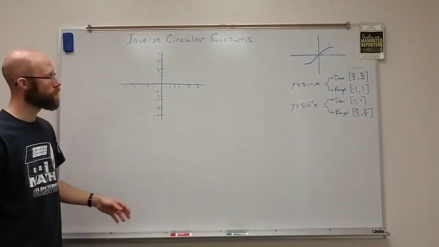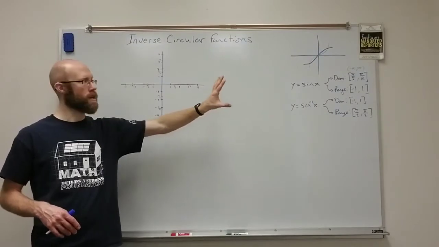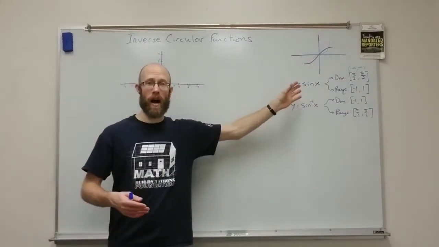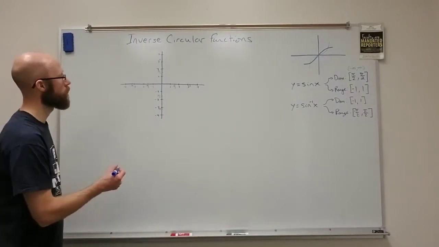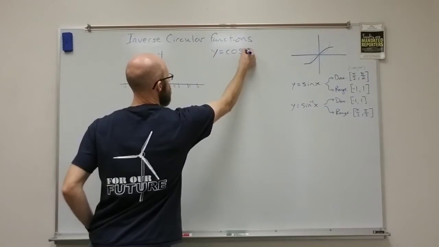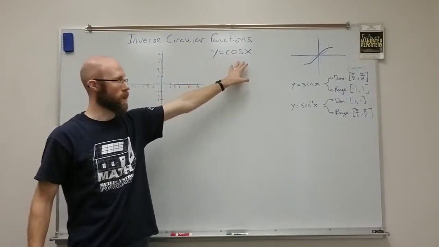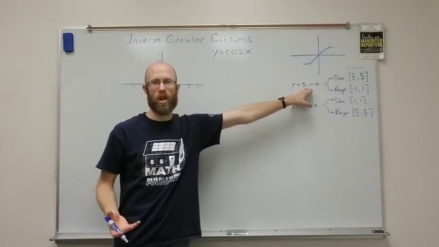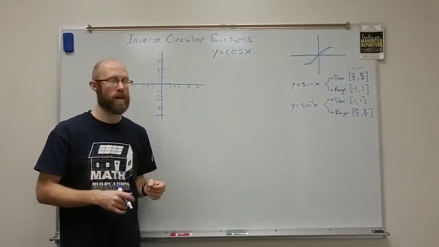Now we're going to use all that information to work with the cosine. Not this specific information, but the ideas behind it. So the cosine, we know that the cosine of x is also not 1-to-1 because it's basically the same shaped graph as the sine, just shifted.